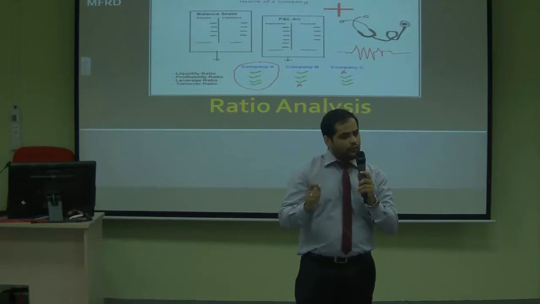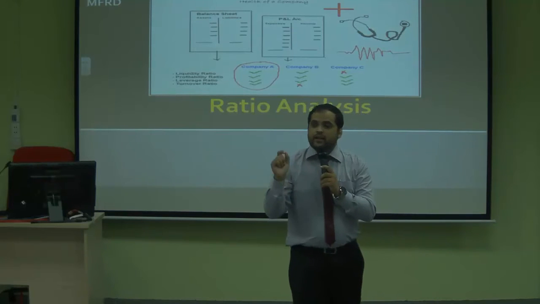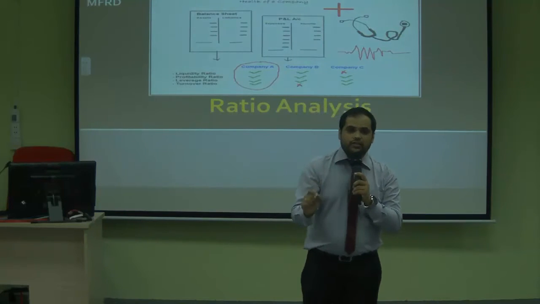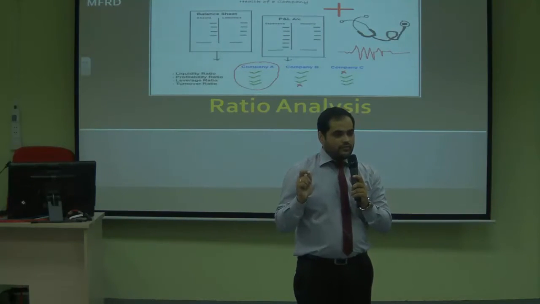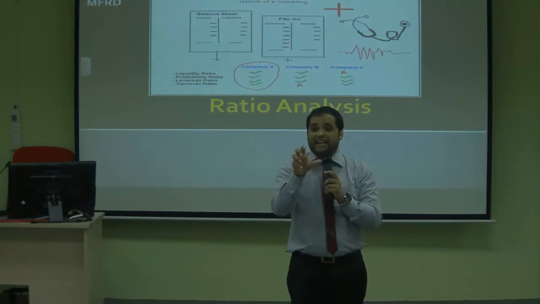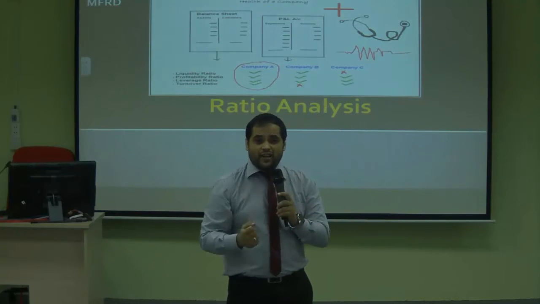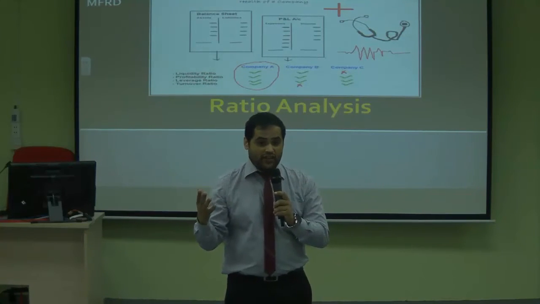In very simple language, a financial statement is a statement which provides company financial information. Did you understand? What does financial information mean? Like she said, profit and loss. Not only profit and loss.